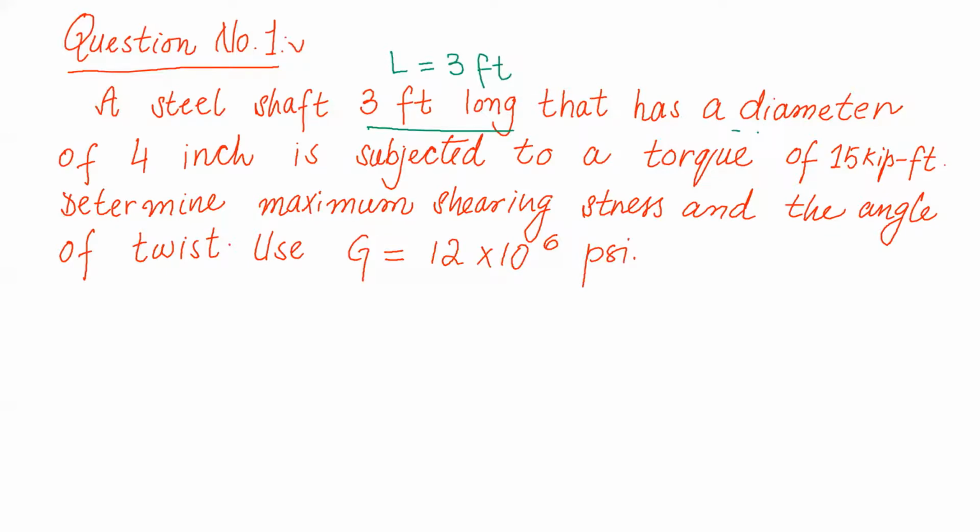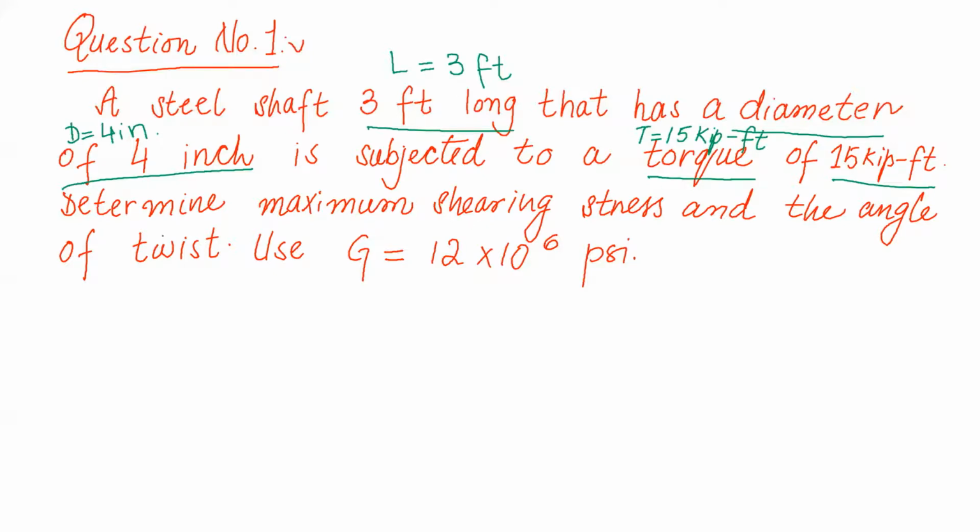That has a diameter, the diameter is also given, 4 inches. So I can write D equals 4 inches. Then it is subjected to a torque T equals 15 kip-feet. I have already told you about its unit.